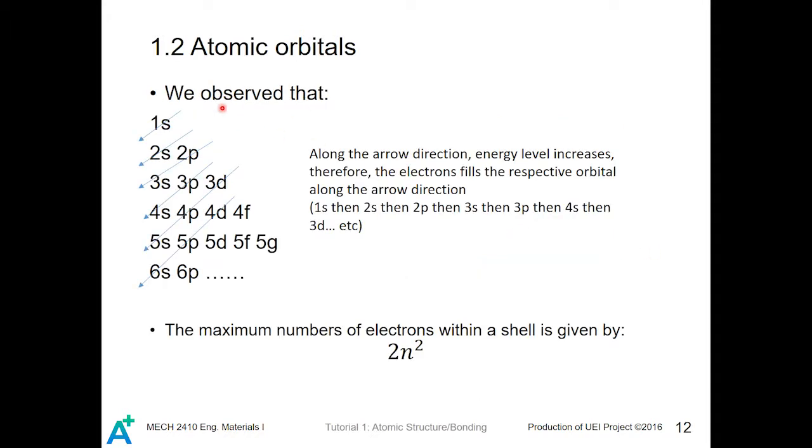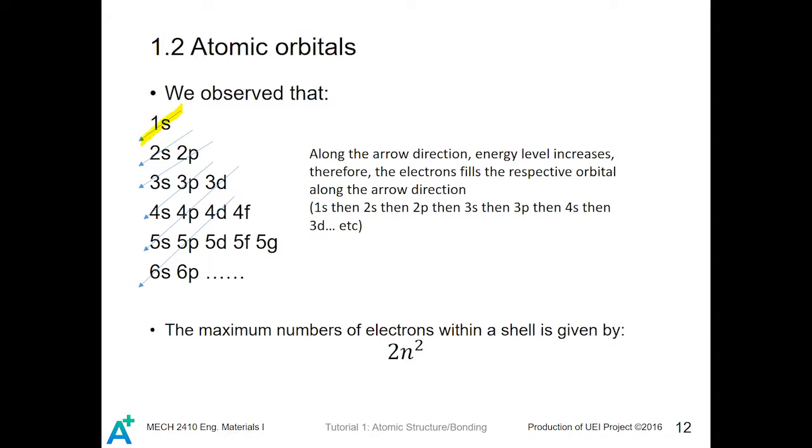If you write a triangular matrix, and list out all possible atomic orbitals for n equal to 1, for n equal to 2, and so on, you can observe that along the arrow directions, energy levels increase. And how can you know that? First, it is 1s.